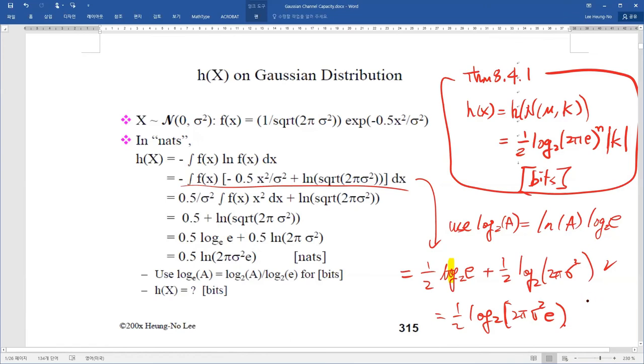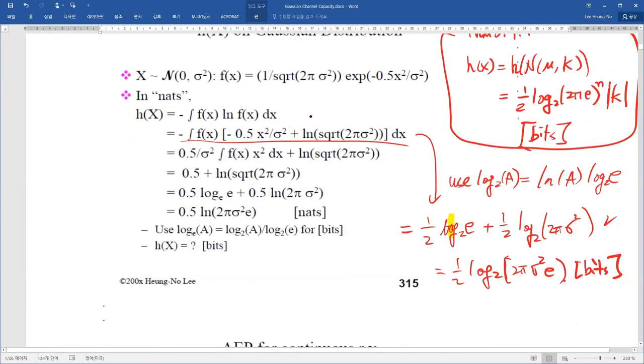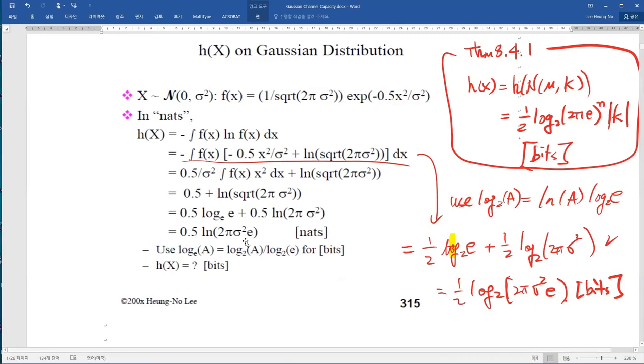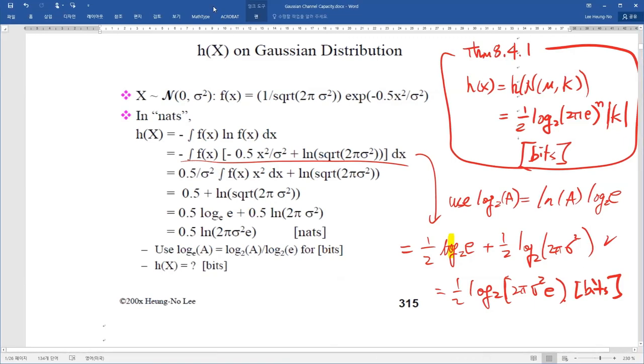So that's the result so far: the entropy of the Gaussian distribution has these forms.